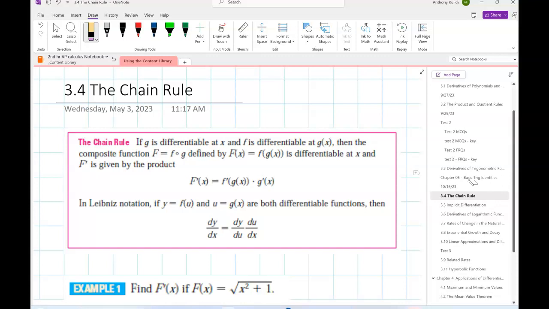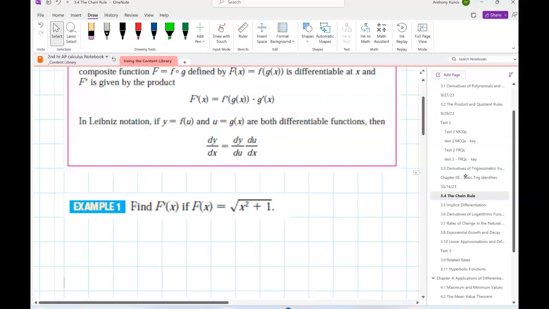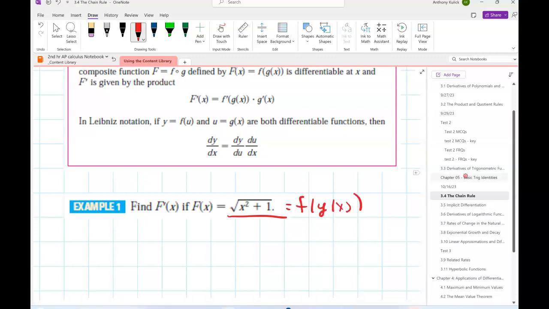Now, if you remember, in trigonometry or pre-calculus last year, there were some homework problems where we asked you to think about something like this as some composition and to state what was the f and what is g.